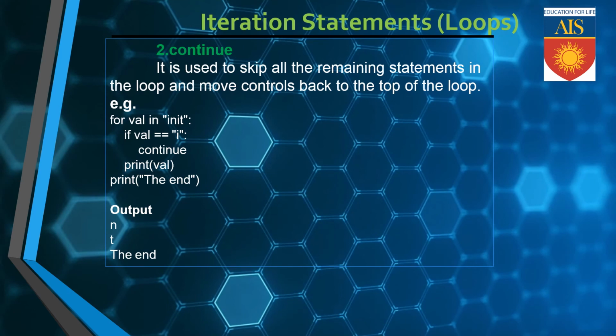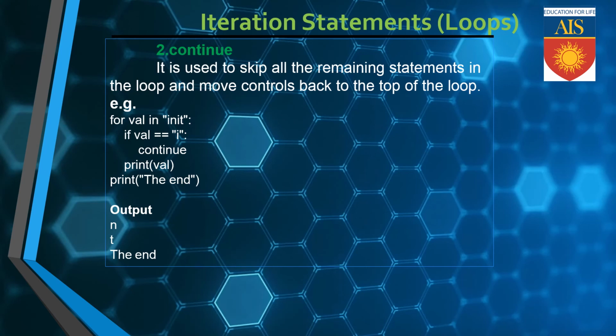Our next option is continue. It is used to skip all the remaining statements in the loop and move control back to the top of the loop body. Here you can see the example: for val in string, if val == 'i', continue, then print(val), print the end.